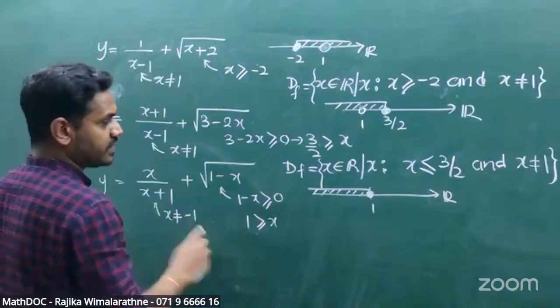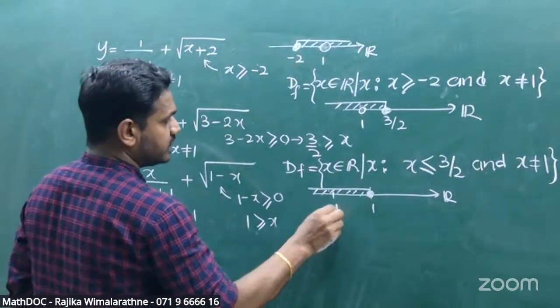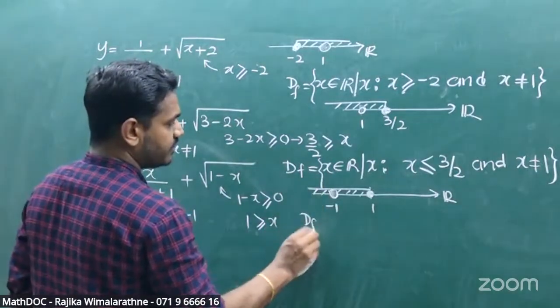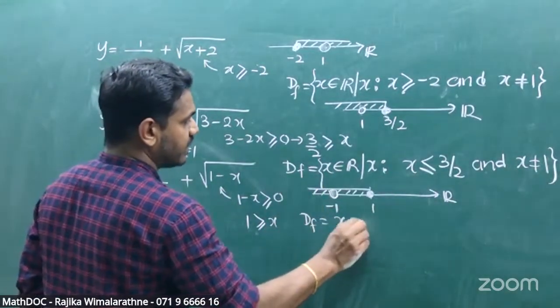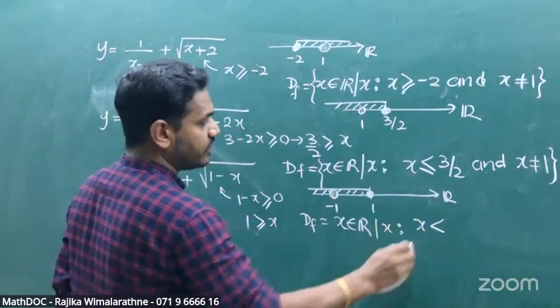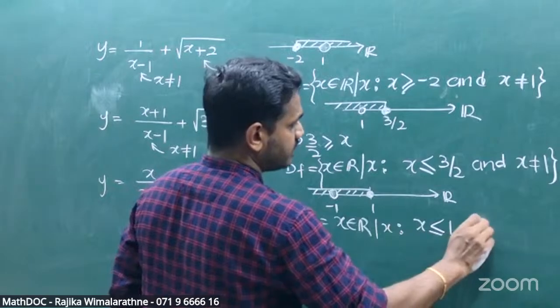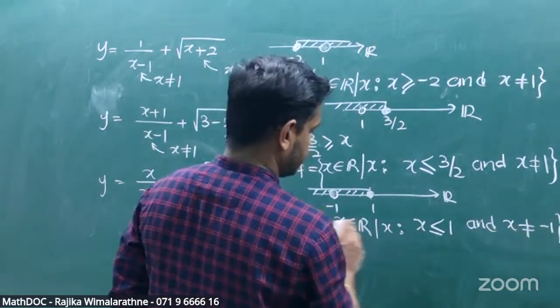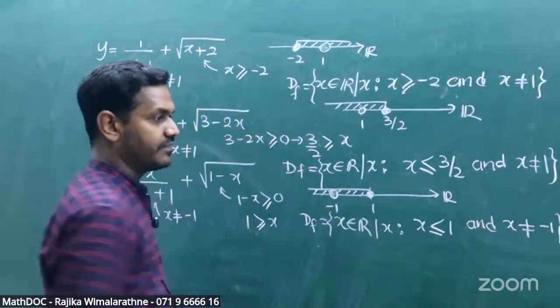Then here not equal minus 1, so you remove this one, make a hole. Then the domain: x real value, x such that x less than or equal to 1 and x not equal minus 1. Here the domain. Complete.